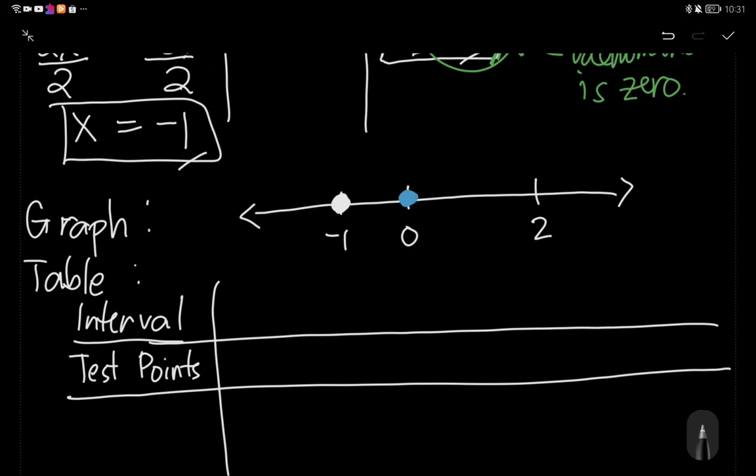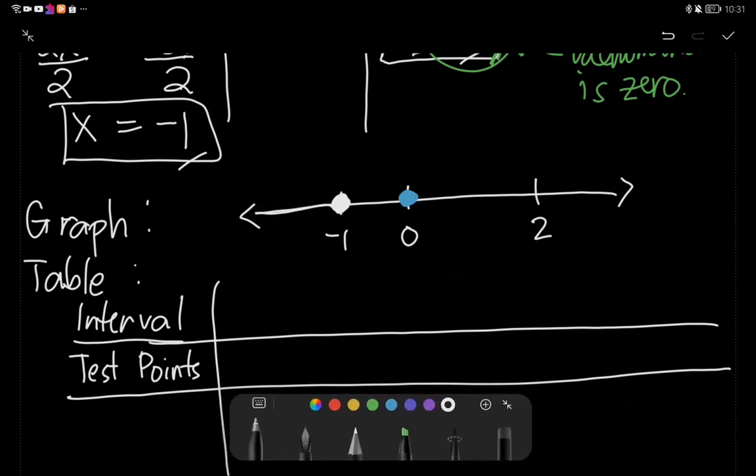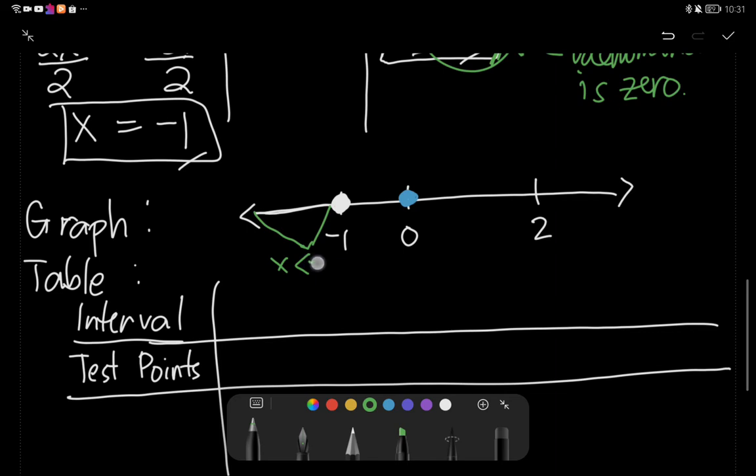Now, let's identify our intervals. From here to here, our interval makes x less than negative 1. From negative 1 to 0, our interval is x greater than negative 1 but less than 0.